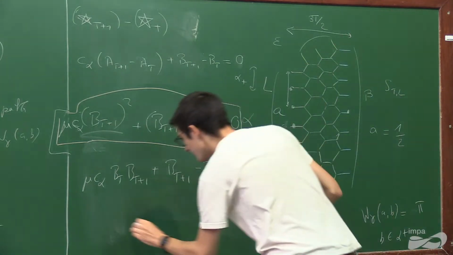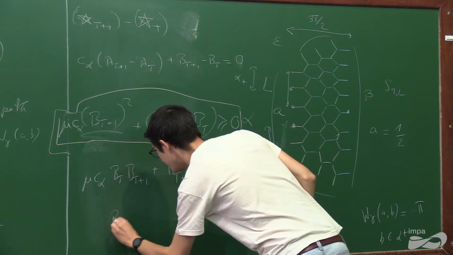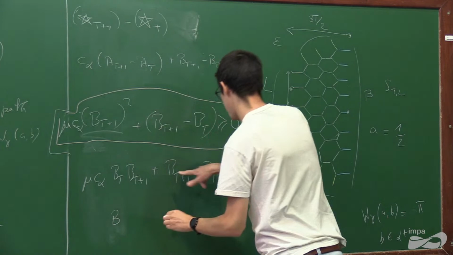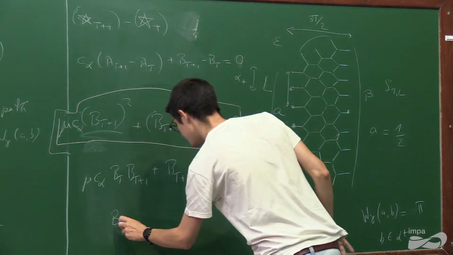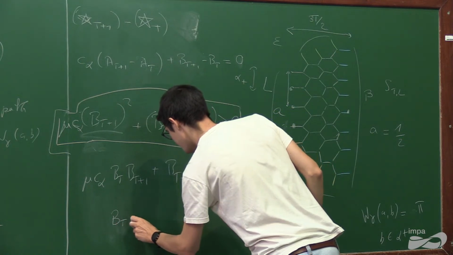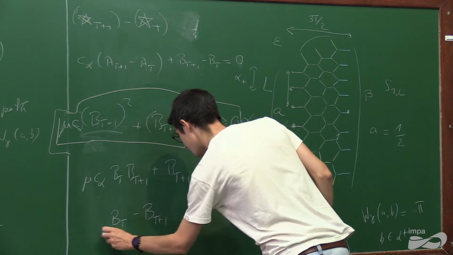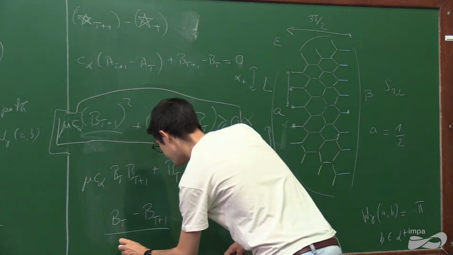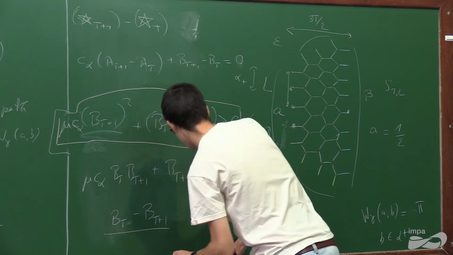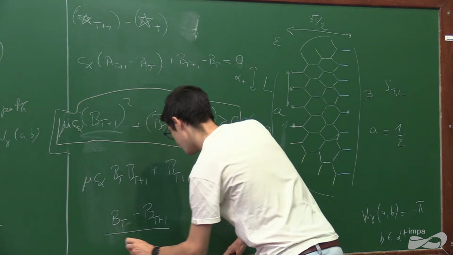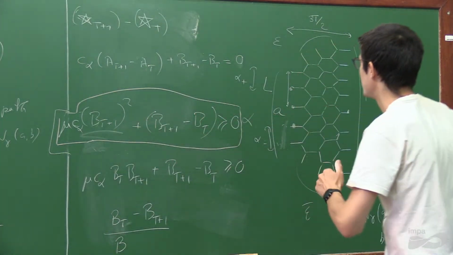You get BT minus BT plus 1 over BT minus BT plus 1 over, let me check if I got my inequalities right.